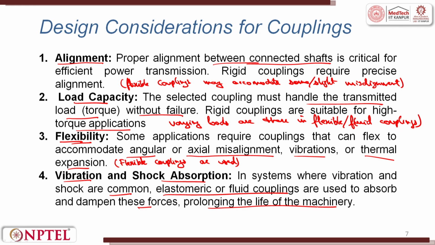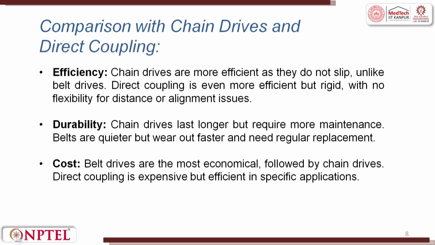Then a brief comparison between chain drives and direct couplings. Efficiency. Chain drives are more efficient as they do not slip, unlike belt drives. Direct coupling is even more efficient but rigid, with no flexibility for distance or alignment issue.